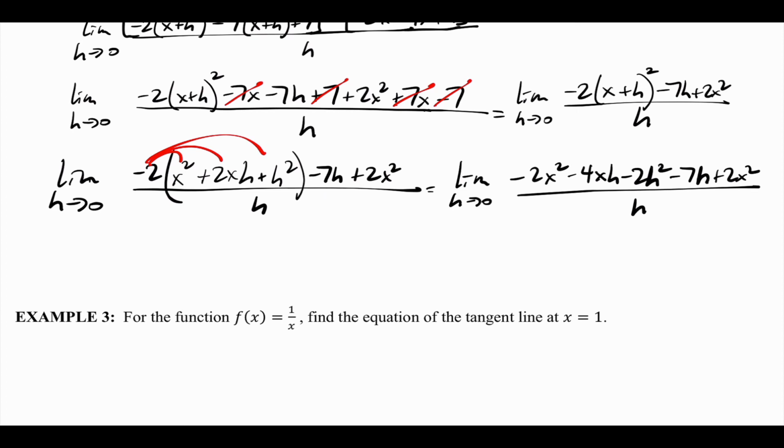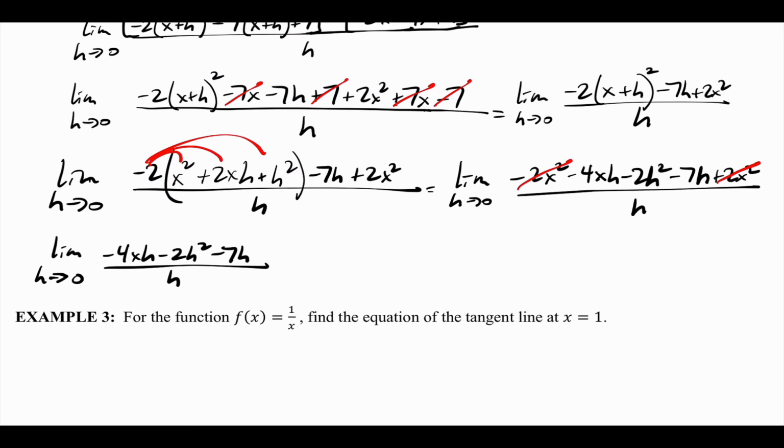Will anything cancel out? 2x squared's good. I think that's it, right? The limit as h approaches 0 of -4xh minus 2h squared minus 7h over h.